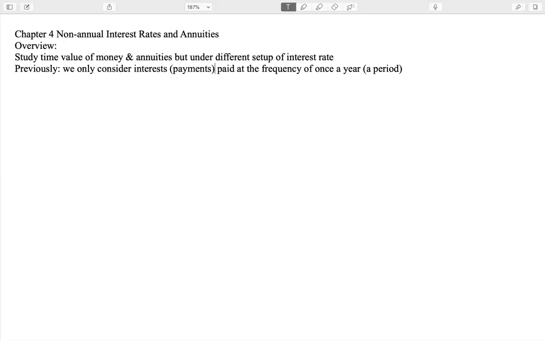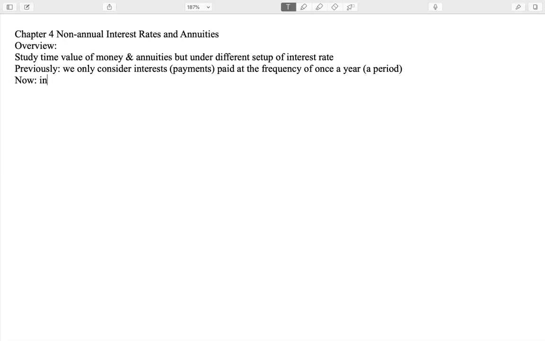For instance, when we study annuity immediate, there is one payment at the end of each year, meaning one payment per year. And similarly, in chapter 1, when we study compound interest, we assume interest is paid once a year. So now we want to do something different.